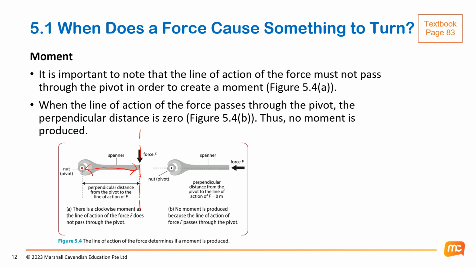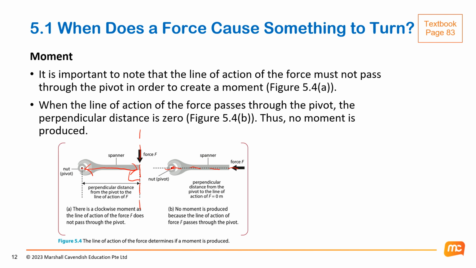Okay, and take note that it is perpendicular, meaning that this distance forms a 90-degree angle, and that is why we call it a perpendicular distance. Now, for our second example in B, we see actually that the line of action, we extend it from the force. We will find that it passes through my pivot.